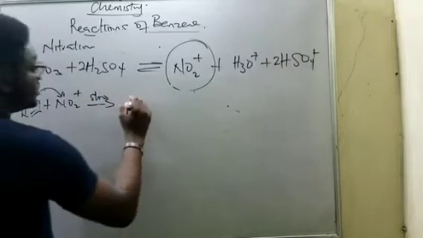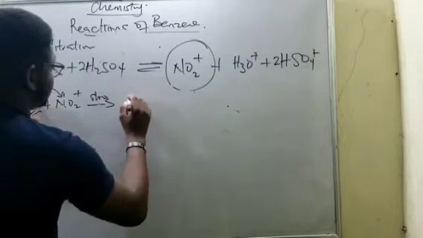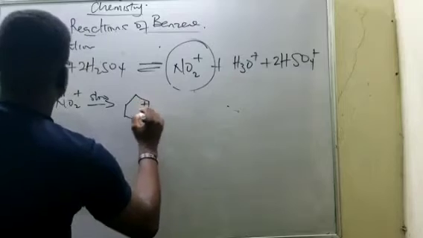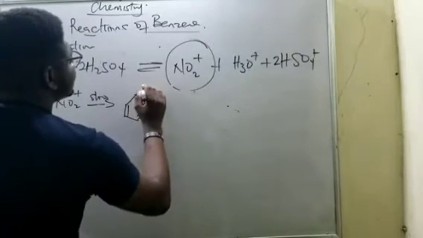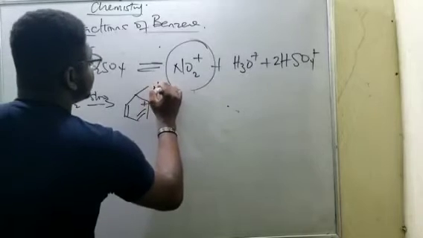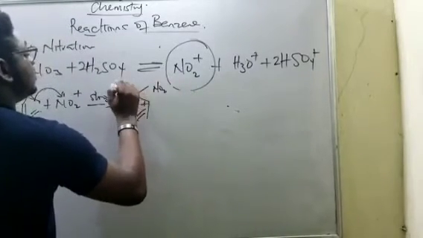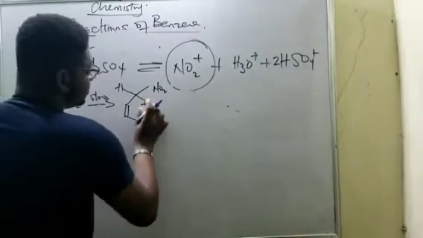Because this happens, there's a positive sign on this part, and our bond is already with our NO2, then the hydrogen which was there originally.